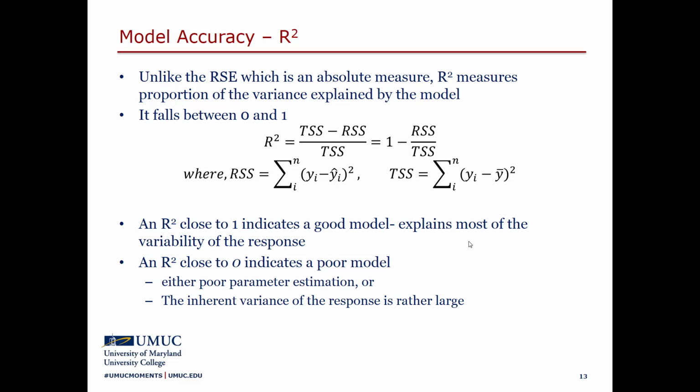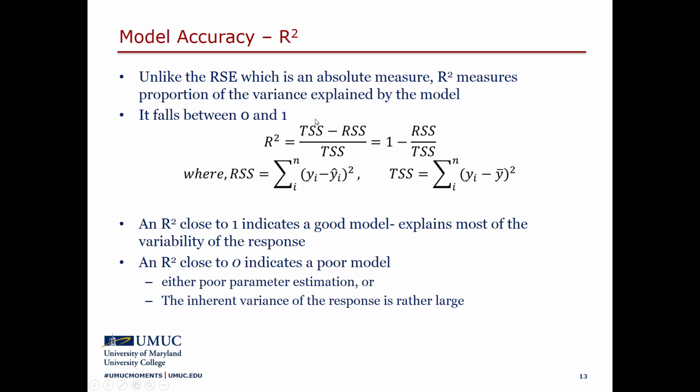Another one is R squared. Unlike the residual standard error, this one measures the proportion of the variance explained by the model, which means R squared falls between 0 and 1.